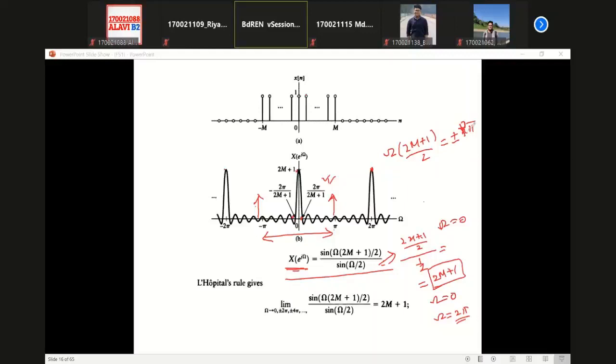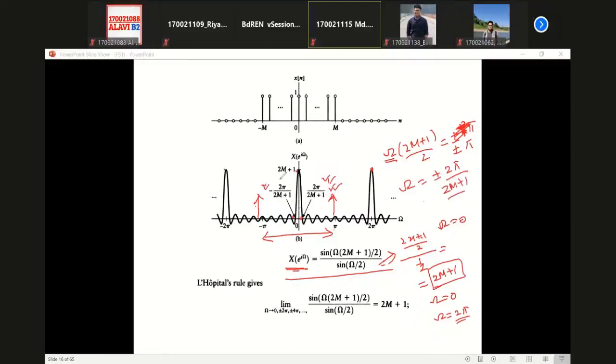So for the minimum value p equal to 1, this will be equal to plus minus pi. That is the first 0 point. The first 0 is occurring at what frequency? Omega equal to 2 pi divided by (2m plus 1), on the plus side, and another on the minus side, okay?